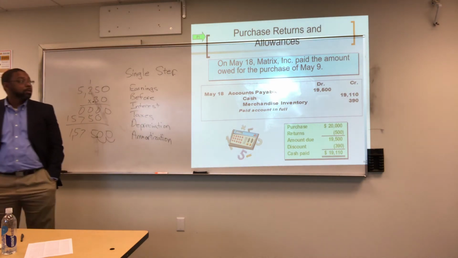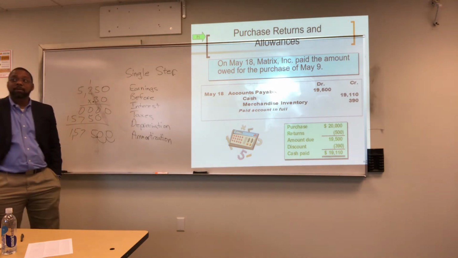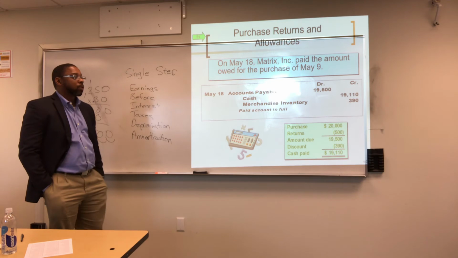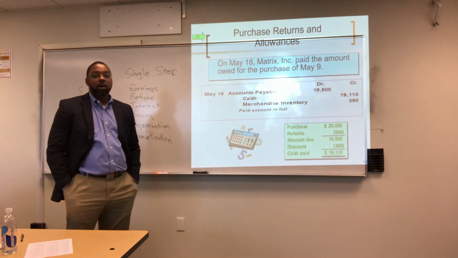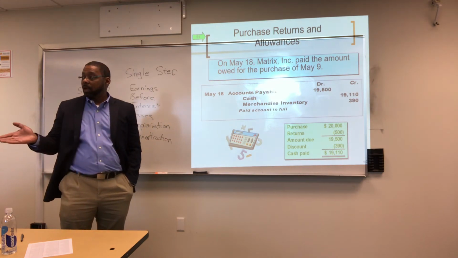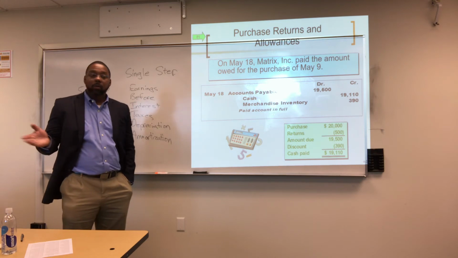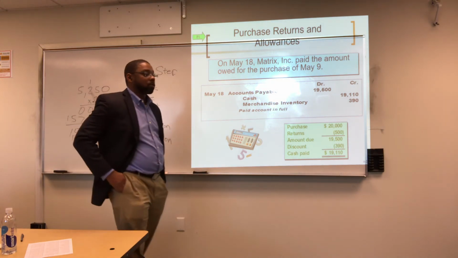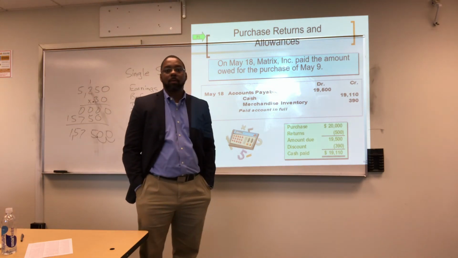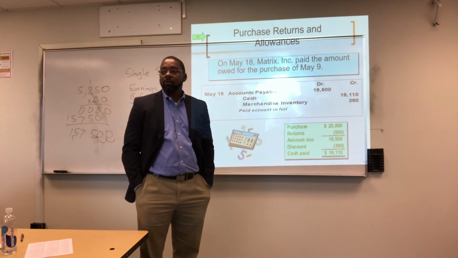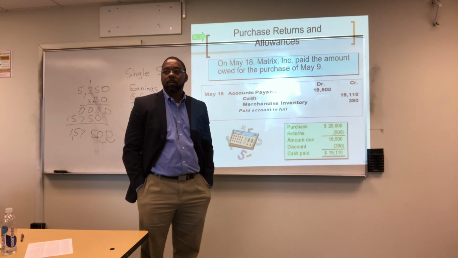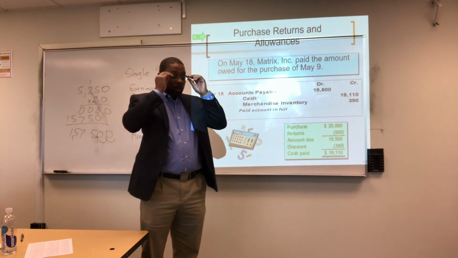So we will debit accounts payable $19,500. We'll credit the cash $19,110. That's how much we paid for the product. And we're going to credit our merchandise inventory $390 for our discount. Questions on that transaction? So the discount is not going to be charged on the actual amount of $20,000.